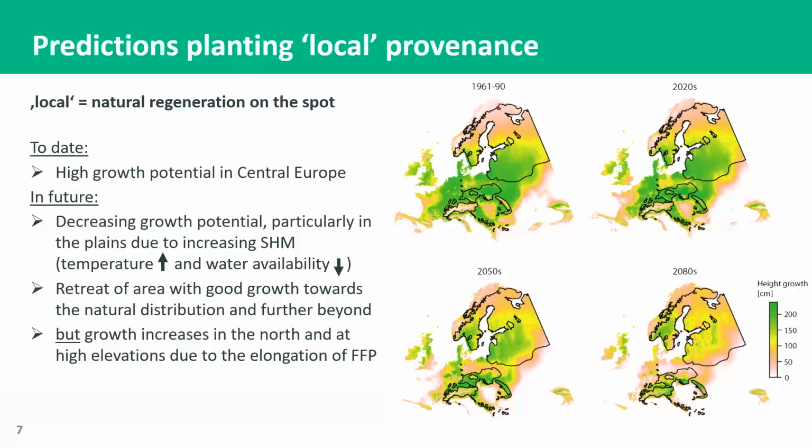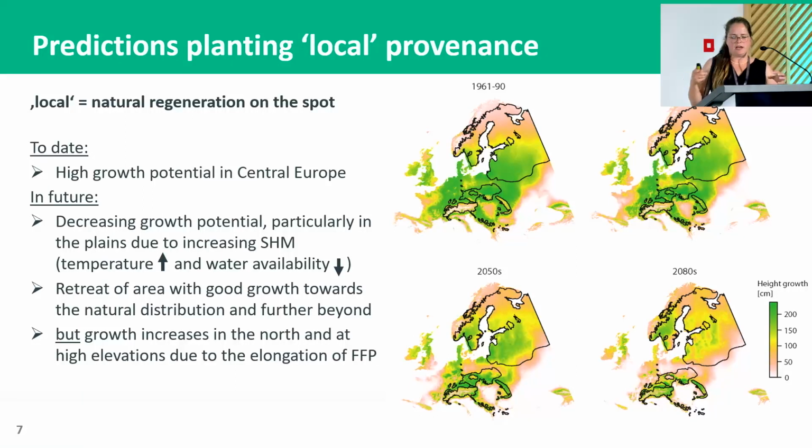And for the current scenario, we had a very high growth potential that is predicted based on the data for 1961 to the 90s, and we see from that the growth potential retreats likewise.